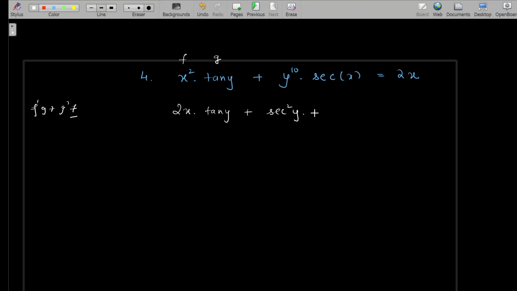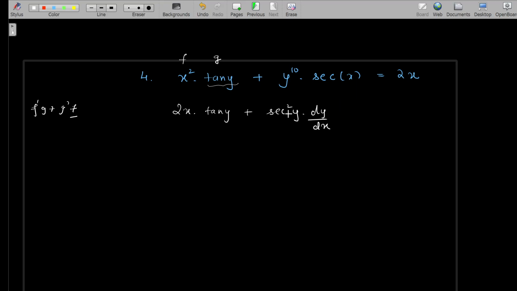And you are forgetting dy over dx. Oh, right. Remember, whenever you are differentiating a y variable, this is tangent, a function of y, so whenever we are differentiating a function of y with respect to x, dy over dx will always come.